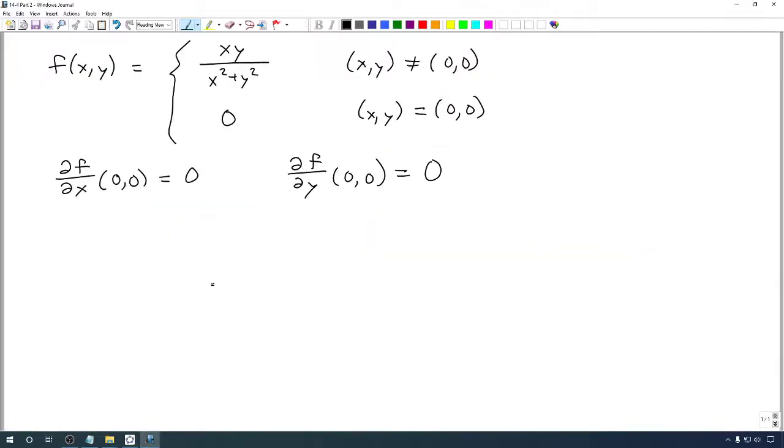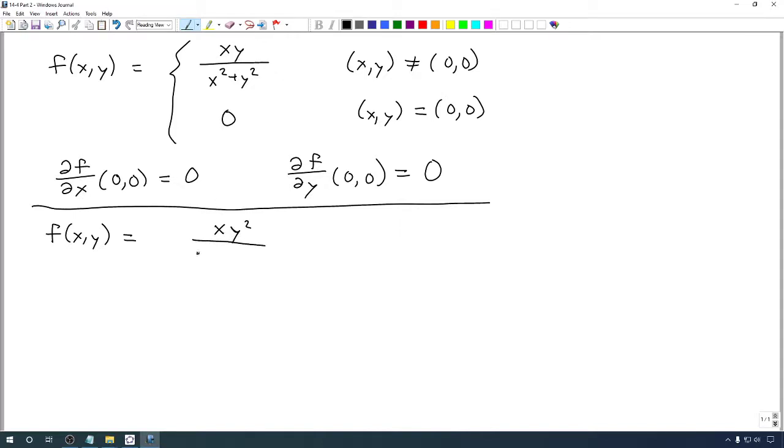Let's modify this example a little bit. This is the example that they gave in the book. I wasn't quite satisfied with it because they gave us a function that wasn't continuous there. Let's look at one that is continuous at (0, 0). Here, all I'm going to do is take the y that they have on top and square it. Everything else is going to stay the same. In fact, we still have to fill in that 0 at the origin.